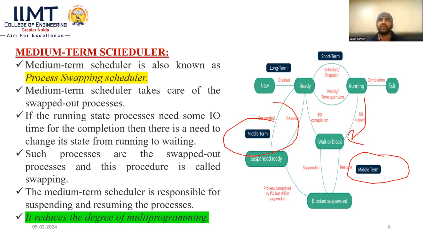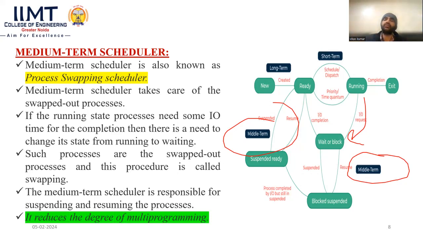Why? Because we are going to swap out or swap in the process, from running to waiting, waiting to ready. We swap out and swap in that process from waiting to suspended waiting, and again suspended waiting to waiting. It is a swap in, swap out process. We swap out the process from ready state, and then from suspended ready to ready we swap that process in again.